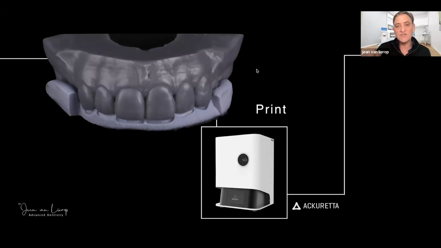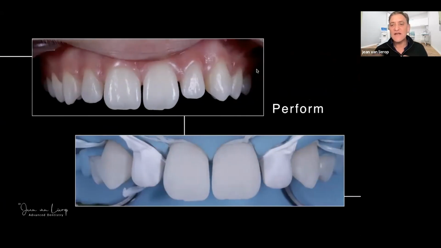We're moving into a guided treatment, and we're going to use this design that we've got to create the final restorations that we're trying to do in a resin base. Okay. And that is exactly how we're doing it. We perform the procedure using the guidelines, all those stents and everything that was printed model.